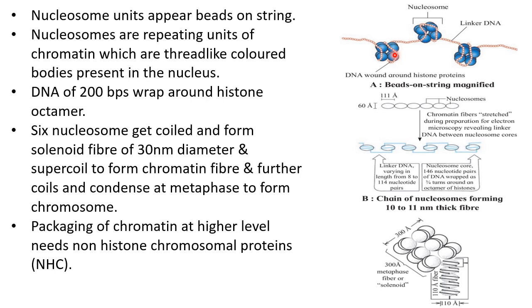Then DNA of about 200 base pairs wraps around the histone octamer. You know that octamer means total 8 histone molecules are present. Then these nucleosomes are connected with each other by a DNA called linker DNA. So the nucleosome units appear like beads on a string. Then here we see chromatin fiber.